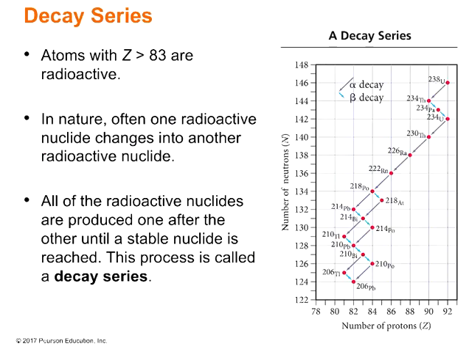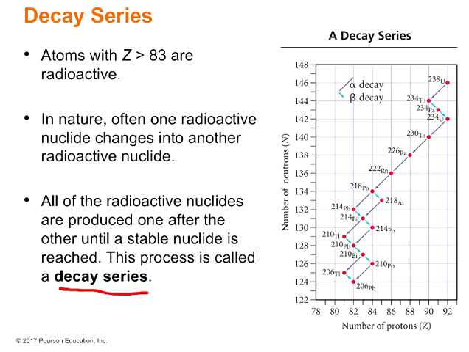So for instance, in nature, often one radioactive nuclide will change into another radioactive nuclide, and then that radioactive nuclide can keep going. So if you're producing more radioactive nuclides, then they're also going to go through radioactive decay. So this process is called a decay series.